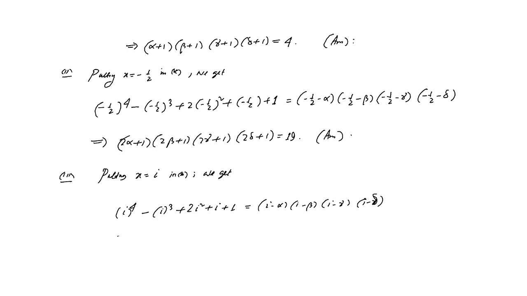That means here you get alpha minus i into beta minus i into gamma minus i into delta minus i. So this is equals to 2i. So you can think about, okay, that this is your double star.